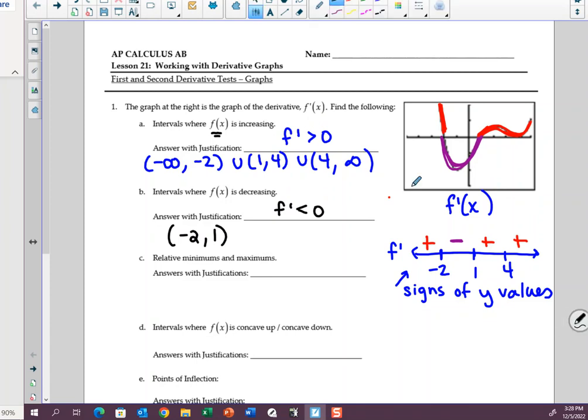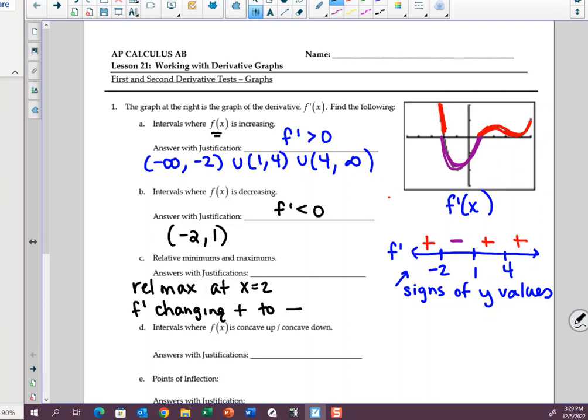Relative maxes and mins. We have a relative max at x equals -2, f prime changing positive to negative.